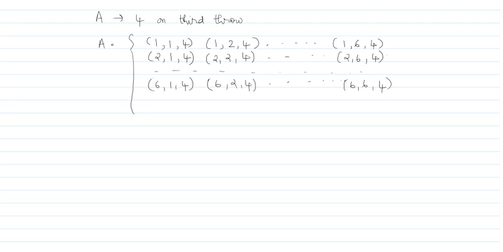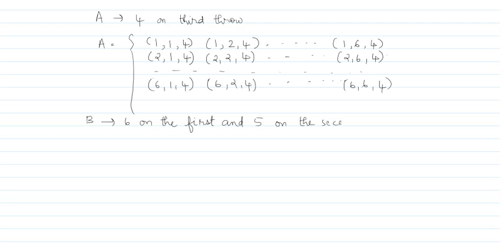Right. So these may be the different possibilities that you obtain favorable to the event A, where your event A is 4 on the third throw. Right. Now what's the event B that we are looking at? It is 6 on the first and 5 on the second.